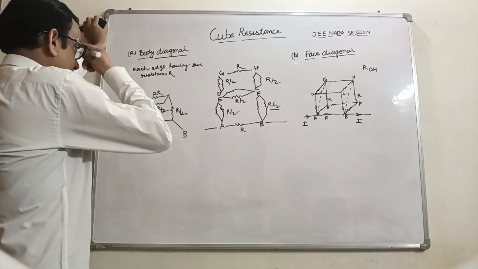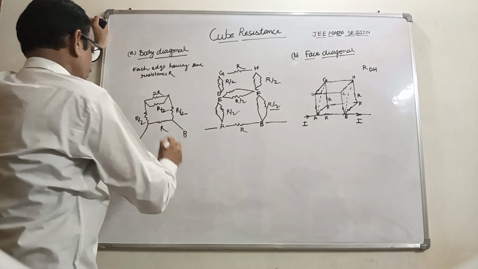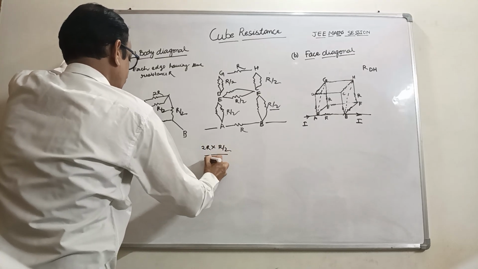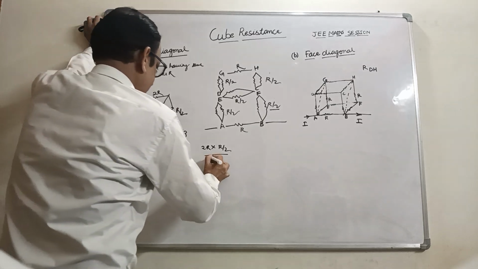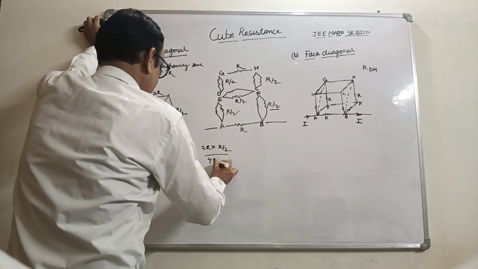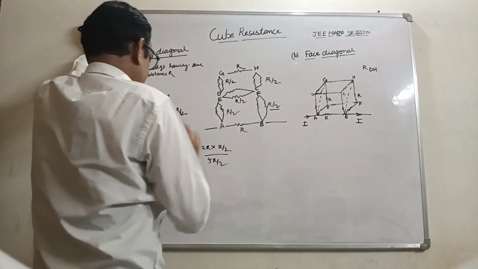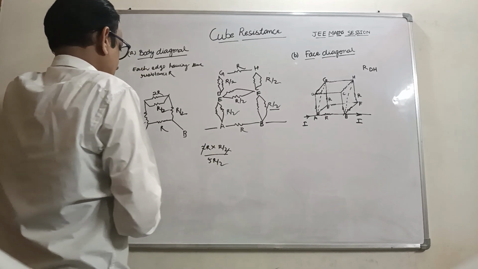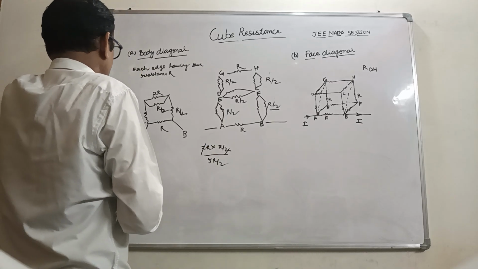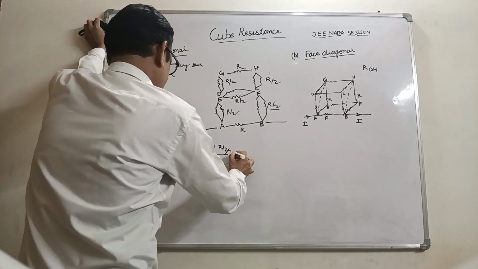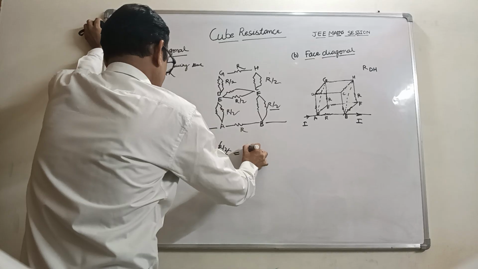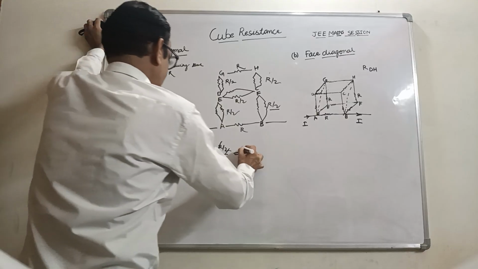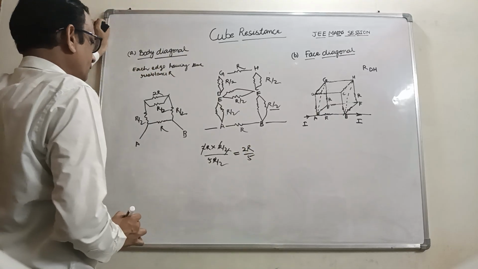Solve this: 2R and R by 2. The equivalent resistance of 2R and R by 2 is 2R times R by 2R plus R by 2, which becomes 2R by 5.